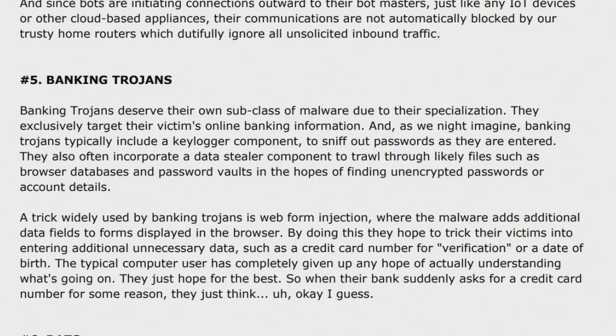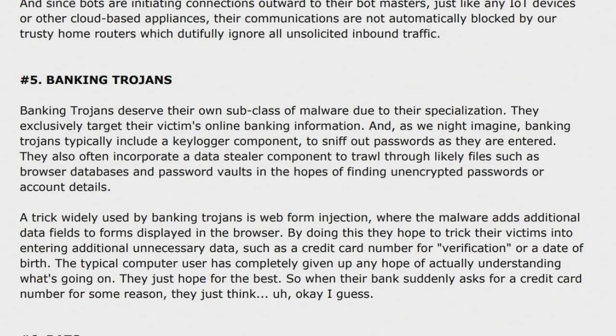They exclusively target their victims' online banking information. And for what it's worth, I watch them grow in capability, where they're always adding more banks and lending institutions to their repertoire. As we might imagine, banking Trojans typically include a keylogger component, which is used to sniff out the passwords as the user is using them to log into the bank.